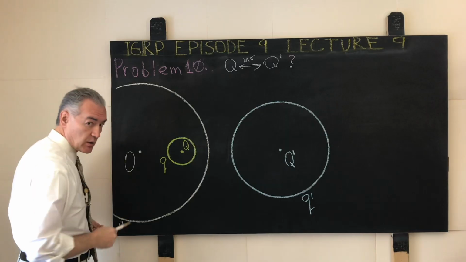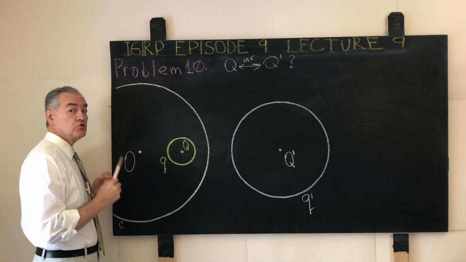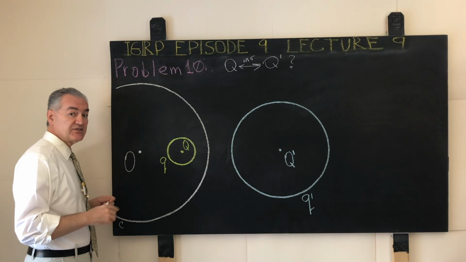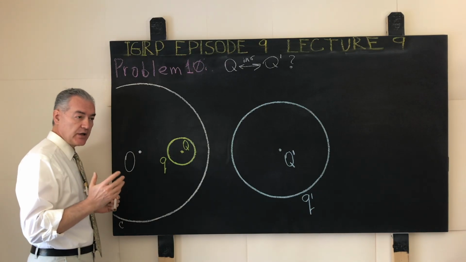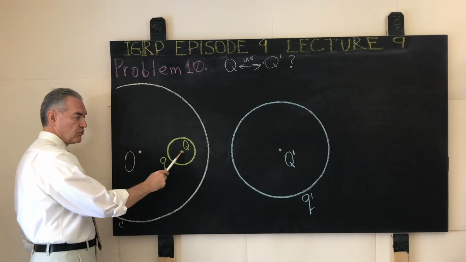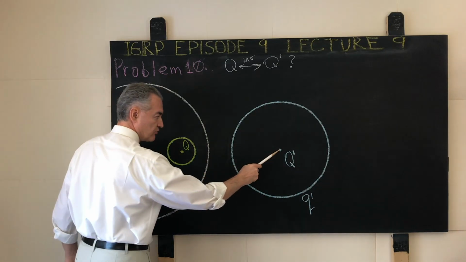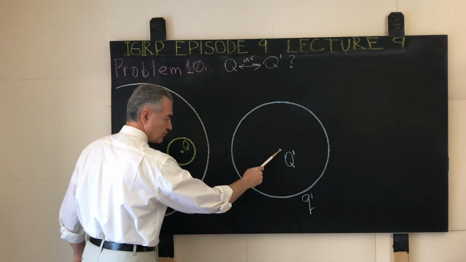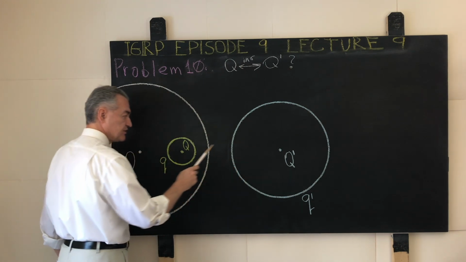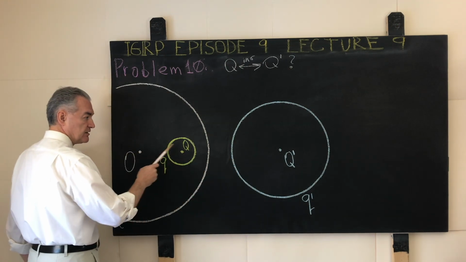So here in this problem, we're asked to precisely do that. We're asked to find a way, in general, to invert the center of one circle into the center of the other, and conversely, the center of the other circle into the center of the one under the given inversion.